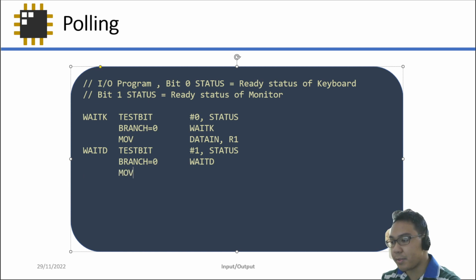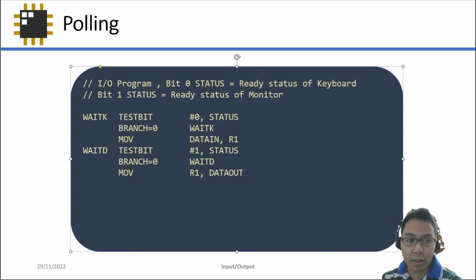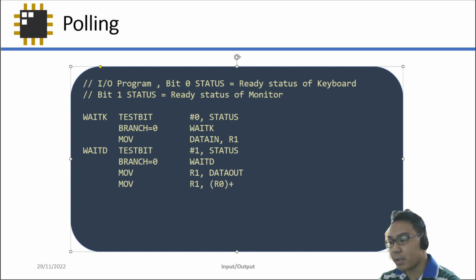But if the monitor is ready, we put the character that is in R1 into the data out register of the display, and then we store the contents of R1 into R0, and then we increment the pointer.